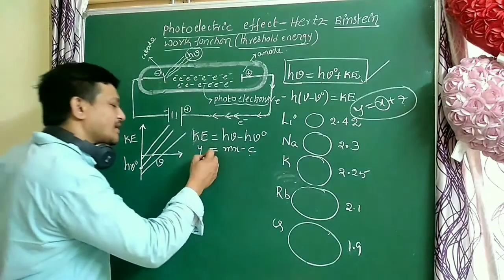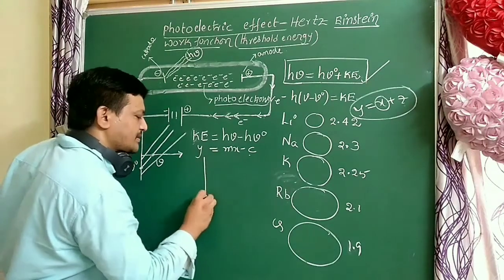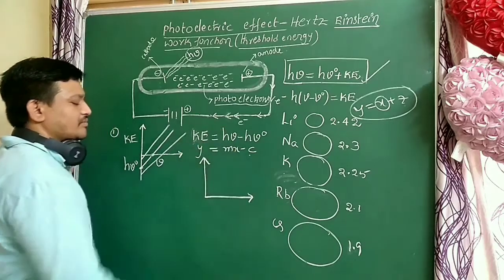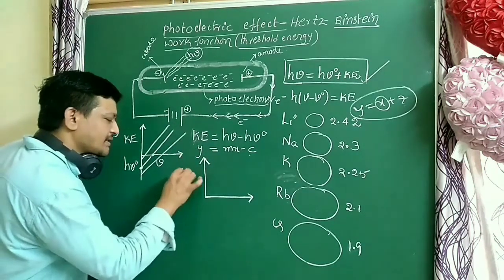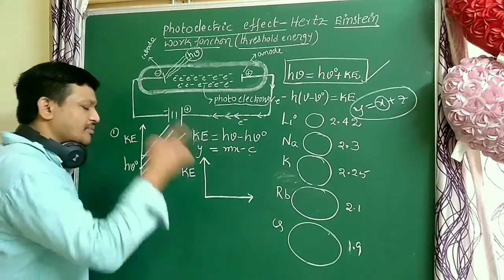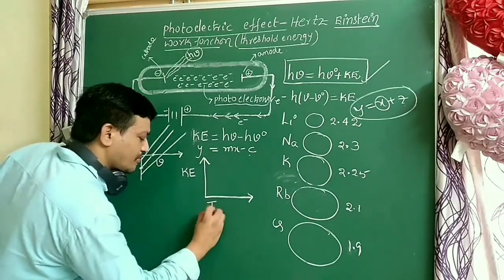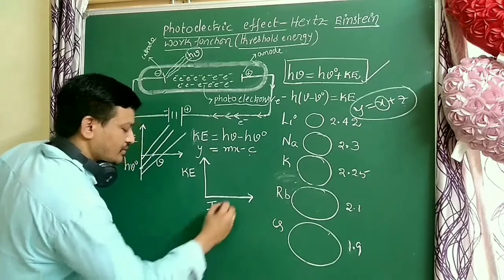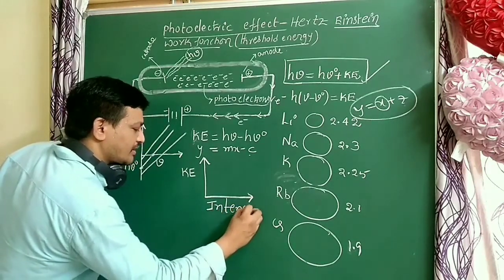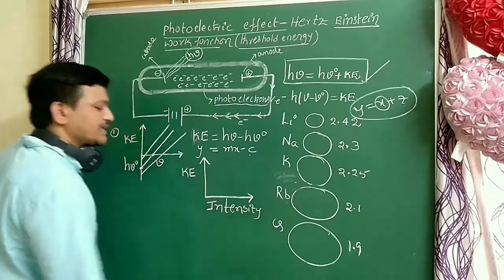Intensity is nothing but the brightness of the radiation. Between kinetic energy and intensity, there is no formula, but a relation is there. What is the relation, students? Kinetic energy does not depend on intensity.